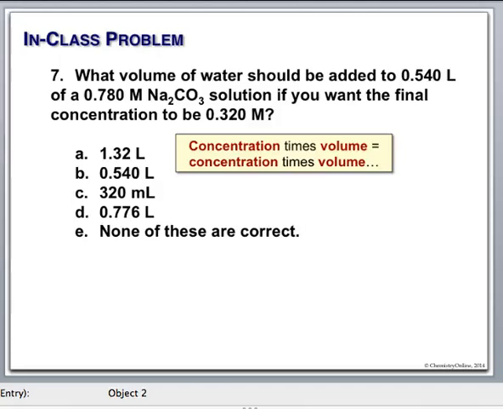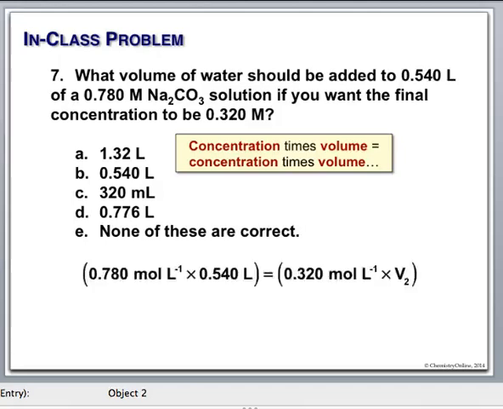Now we simply plug this in. Concentration and volume, that's these guys. Concentration, that's this one, and we don't know what the volume is. But we know they have to be the same. They must equal each other because the total number of moles hasn't changed.